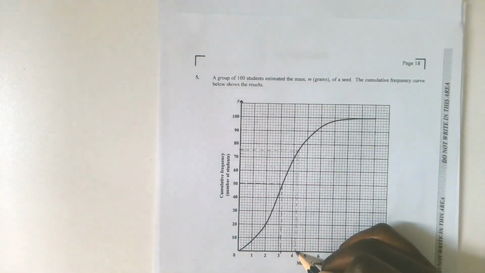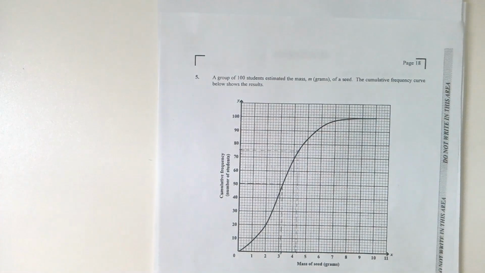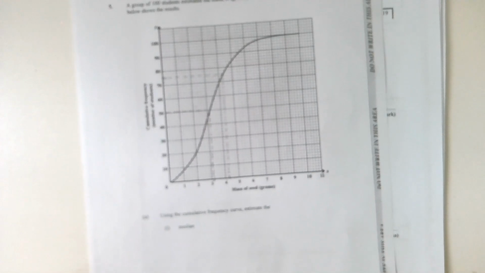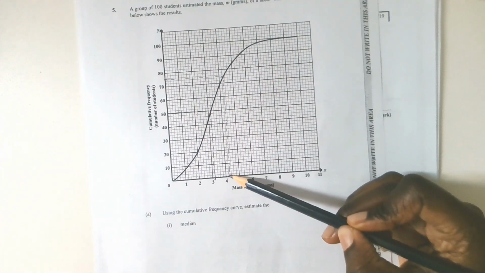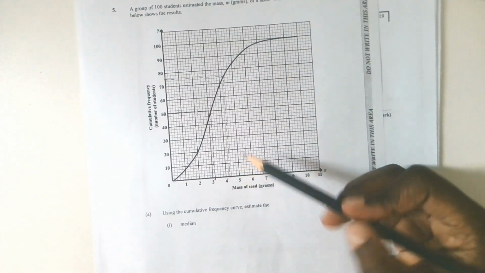So that's giving us a value here. And if we calculate that, remember every small cube is 0.2 grams.